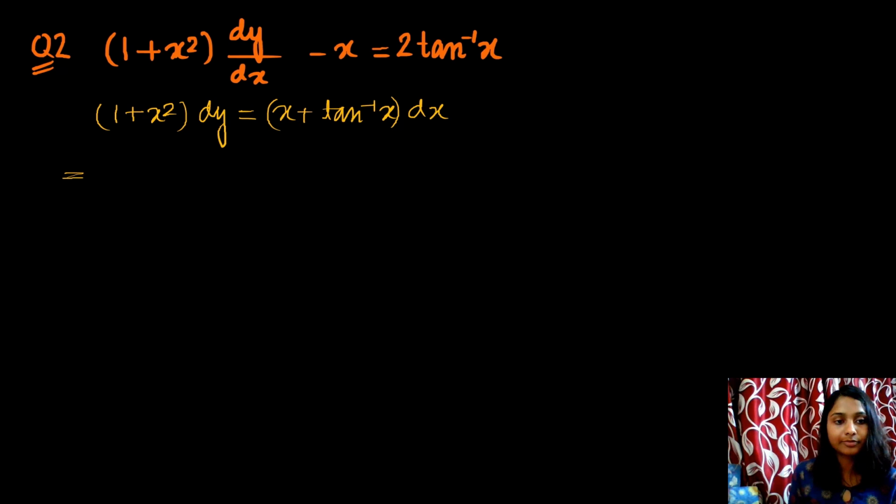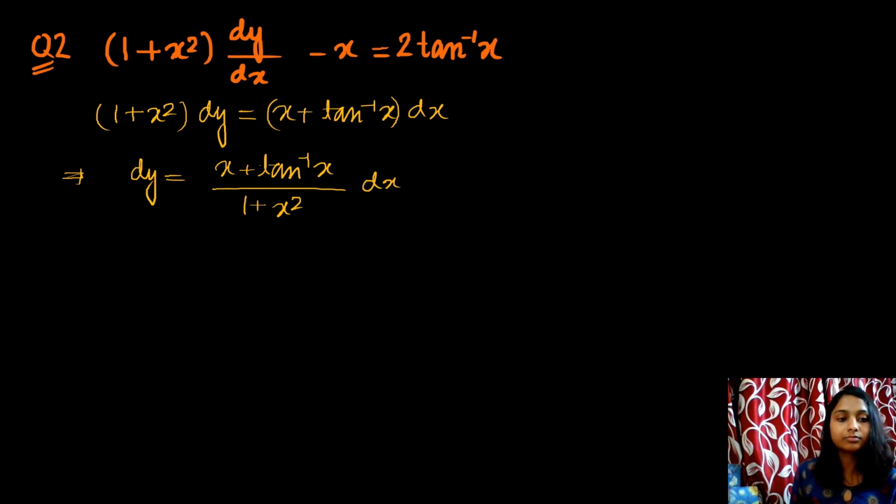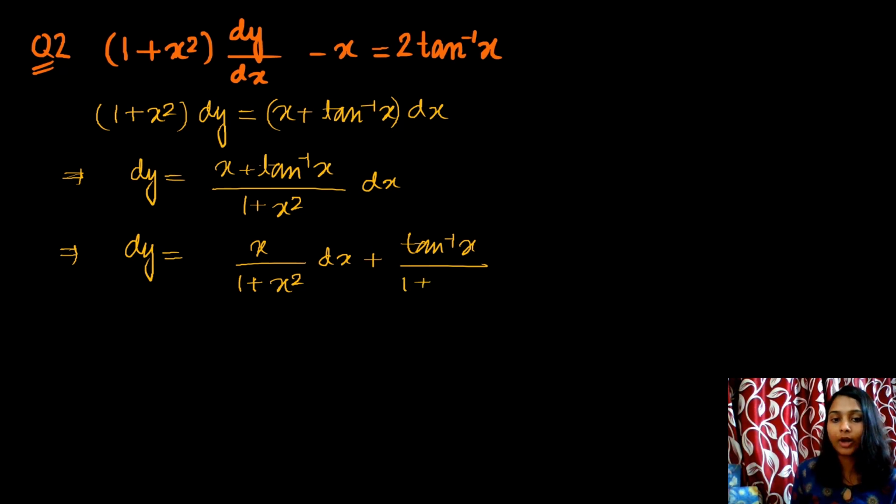So it will give dy equals (x plus tan inverse x) divided by (1 plus x square) dx. So again we can write it in this form: x divided by (1 plus x square) dx plus tan inverse x divided by (1 plus x square) dx.